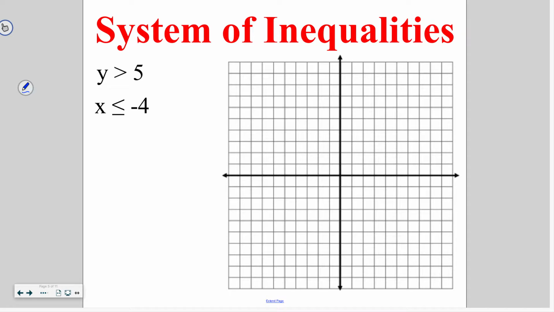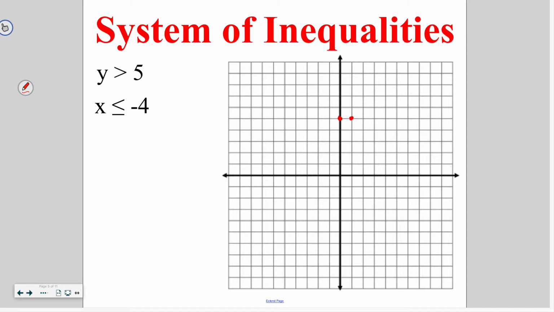So for our first one, we have y is greater than 5. Remember, when we are looking at just y, I want to come up to that y point. So I'm going to go up 1, 2, 3, 4, 5. Here is a point for y is equal to 5. And there is another point for y is equal to 5.